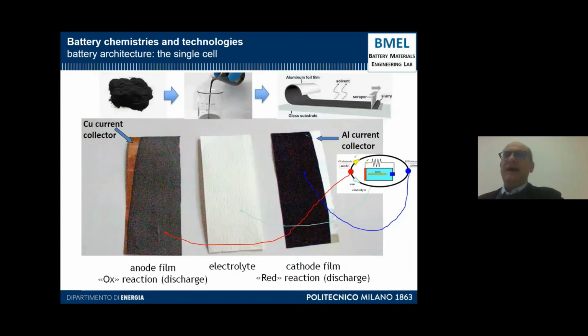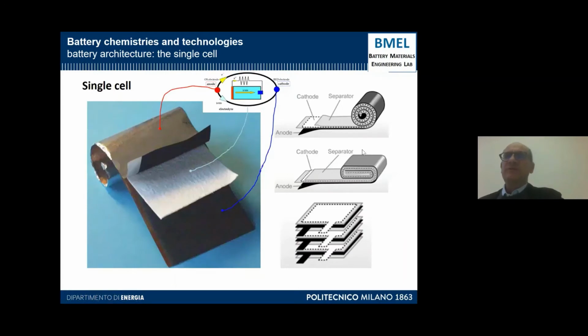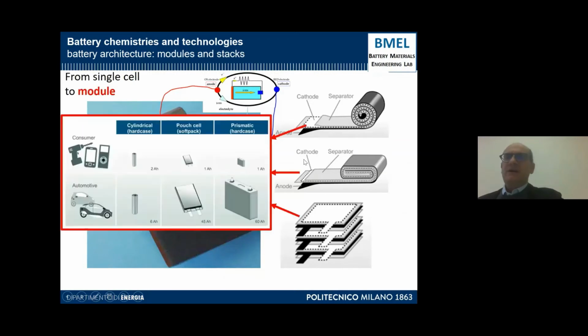The electrolyte, again in the form of a foil, is interposed between the two electrodes that are typically rolled or stacked, forming a unit cell. Modules and packs, which are the objects that we actually see when we look at a battery, are assembled by connecting an appropriate number of single cells in series or in parallel.